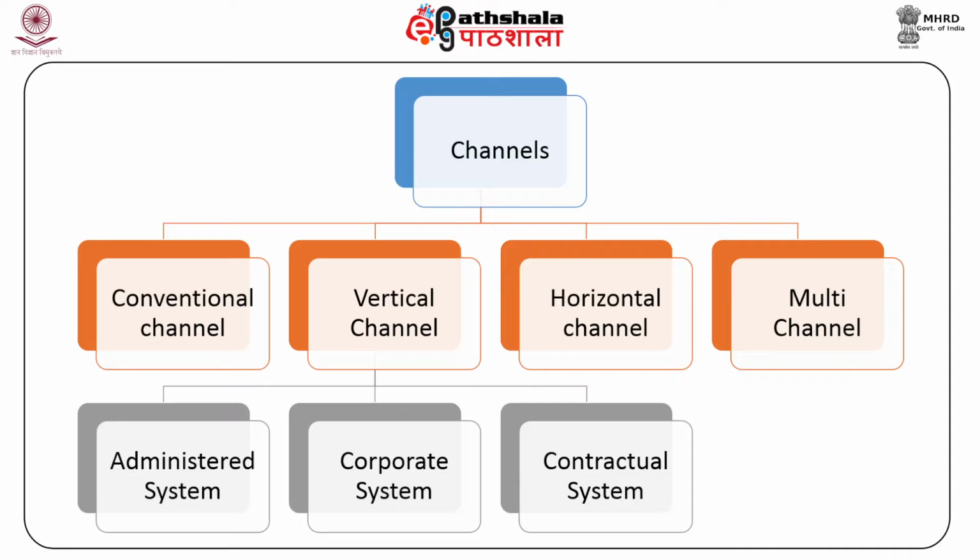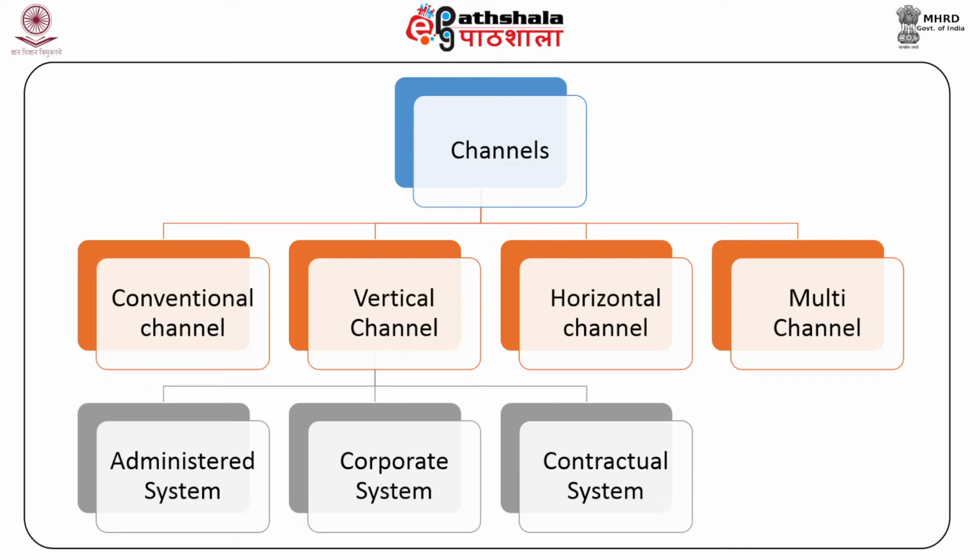There are two types of integration under this type of vertical marketing system, that is forward integration and backward integration. Forward integration means when the manufacturer looks after the working of the distribution system and keeps a watch on the intermediaries.